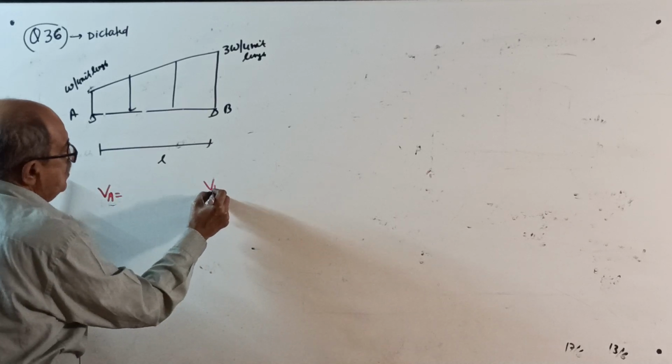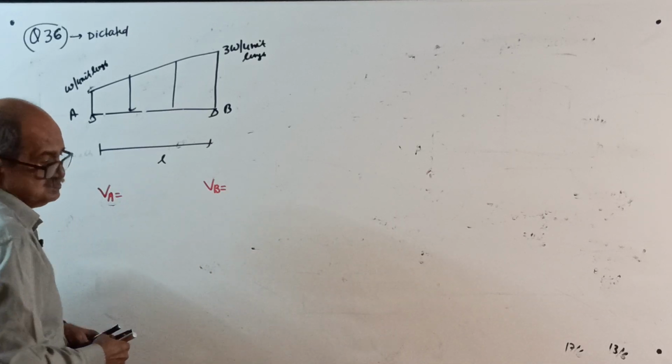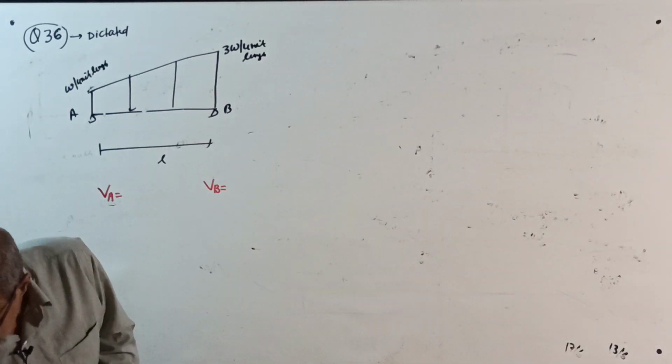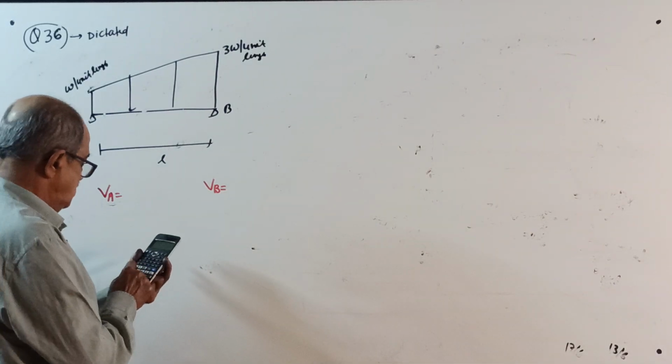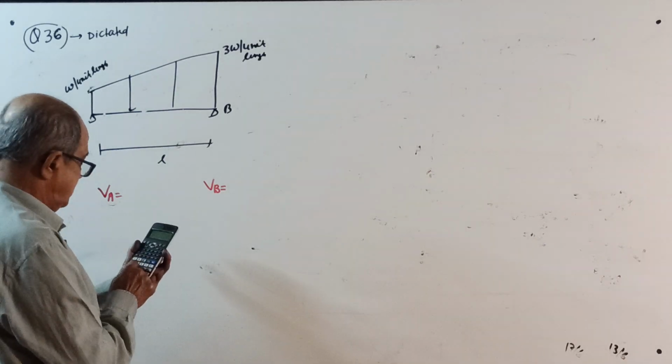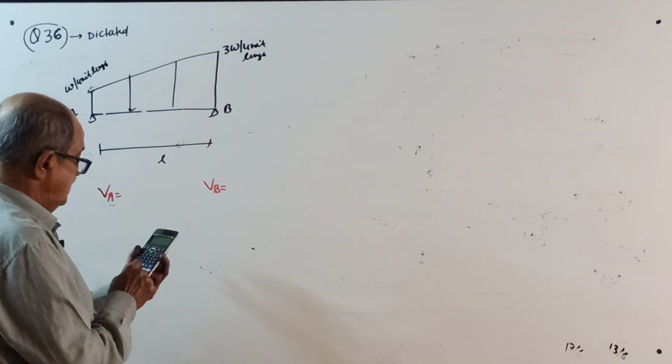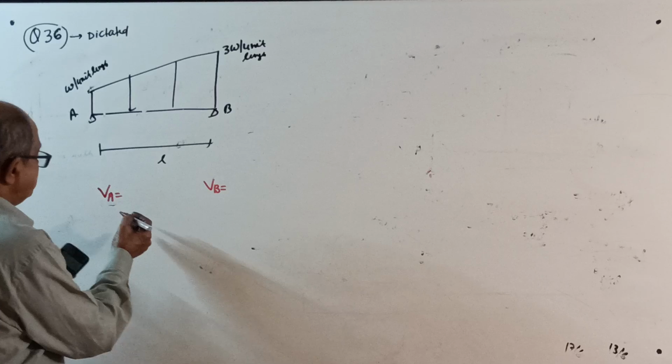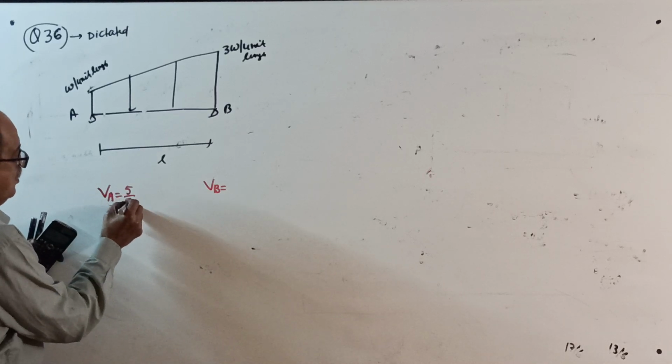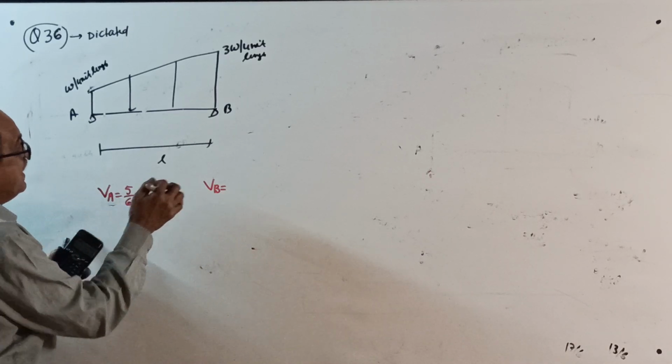VA is equal to 5 by 6 WL. 5 by 6 WL is the left reaction.